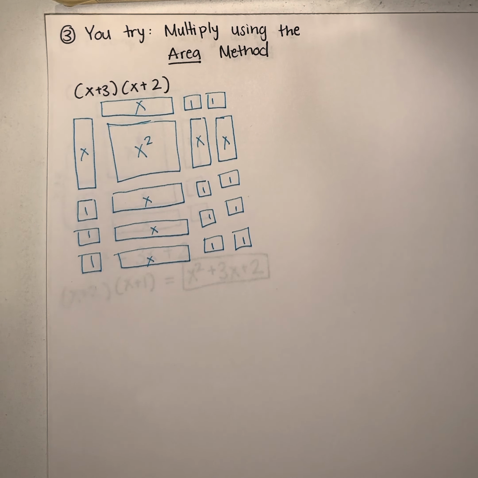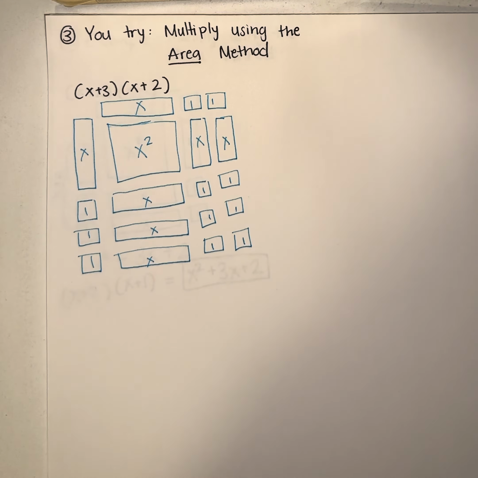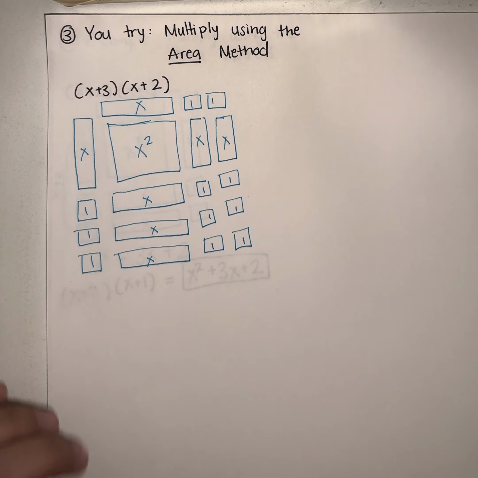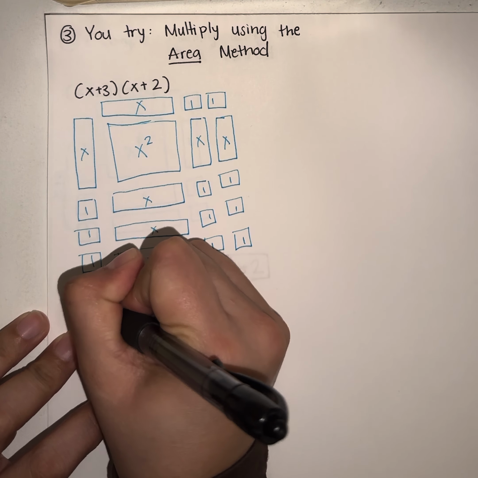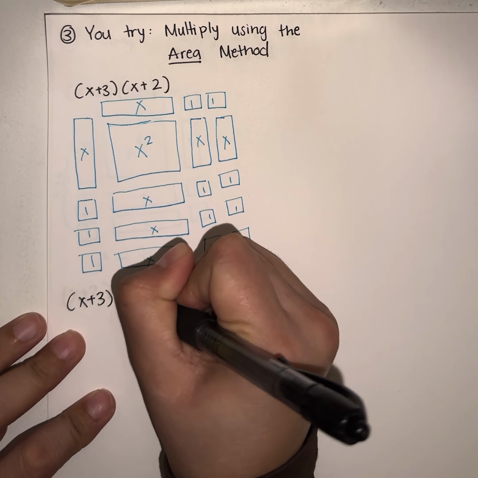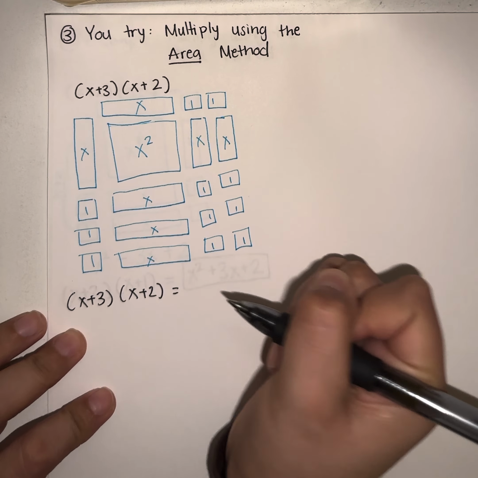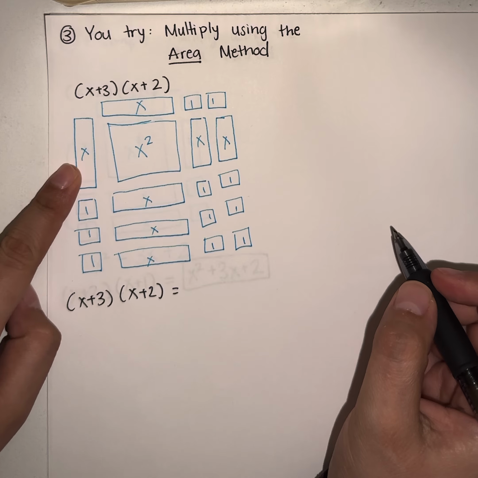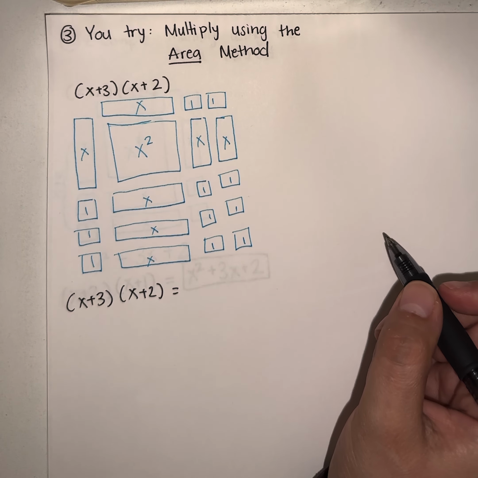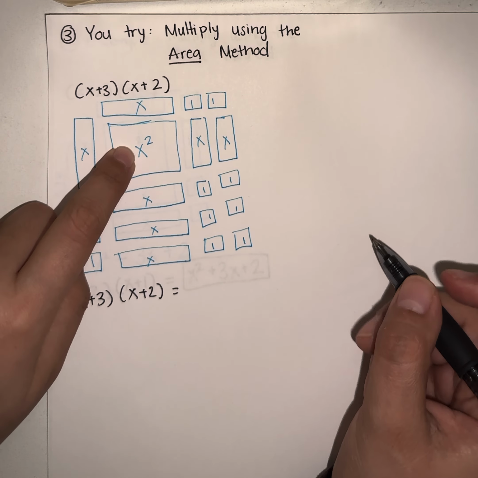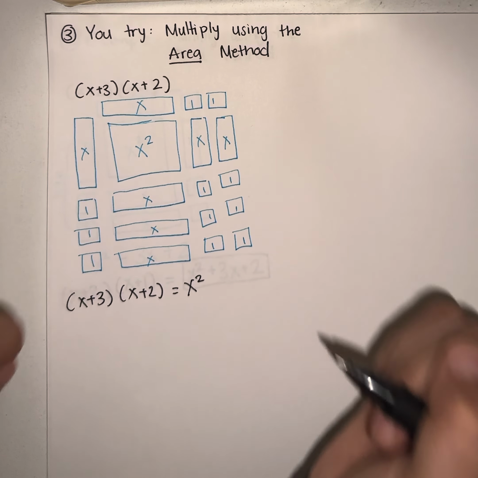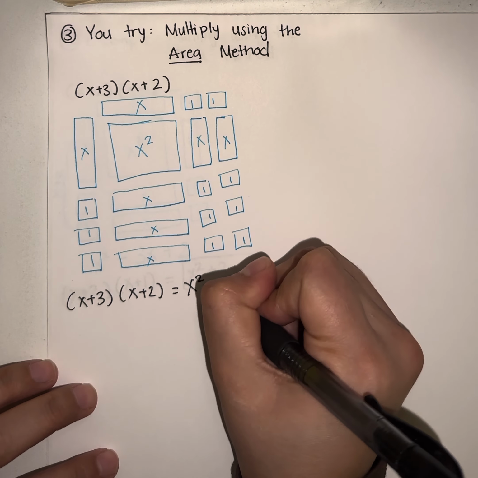Okay, awesome. Now that we have our figure, let's find out what x plus 3 times x plus 2 is equal to. We'll take a look inside our figure. We have x squared. How many x's do we have? We're going to add them.